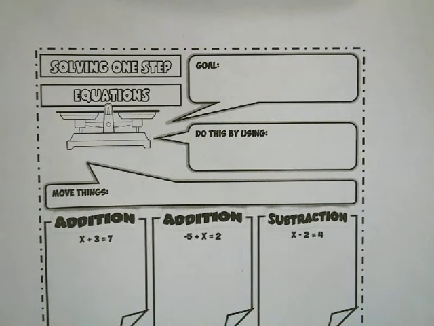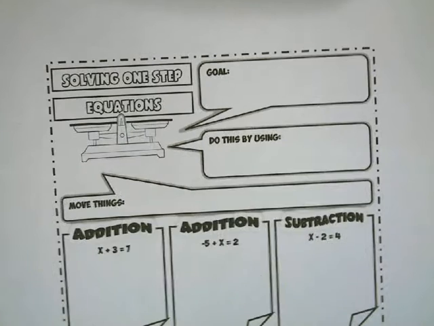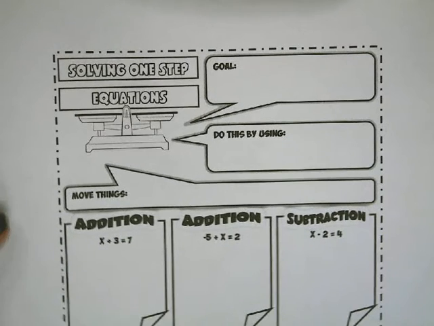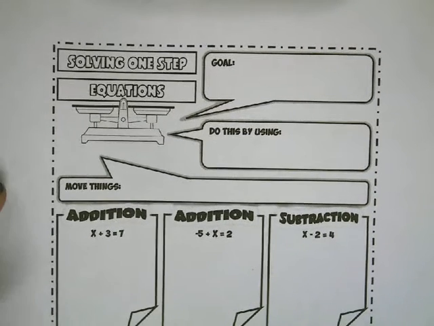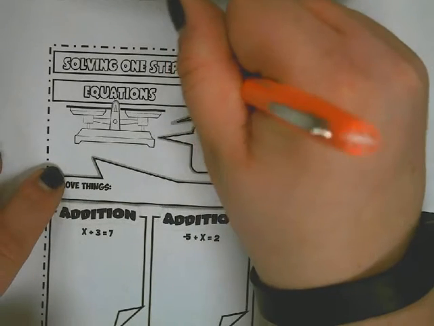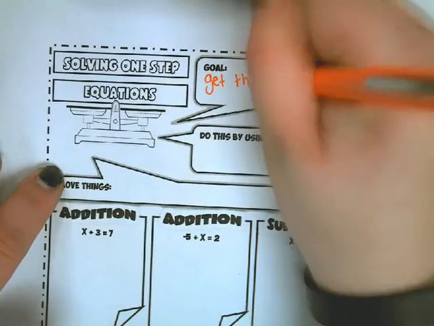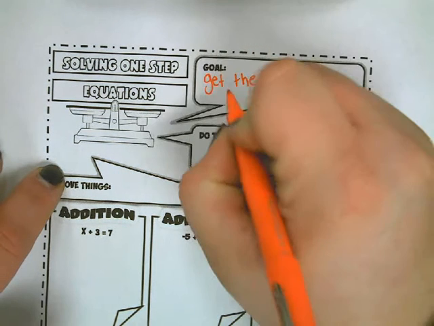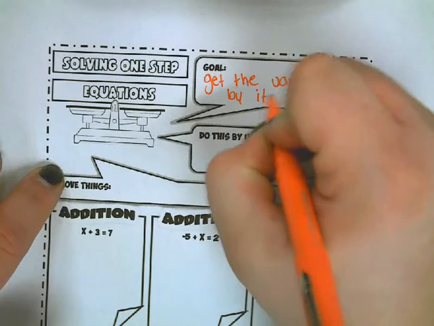Okay, with one-step equations, this should all be reviewed because you spent some time doing it in 6th grade without integers, and then you worked on it again in 7th grade. So our goal when solving equations is to get the variable by itself.